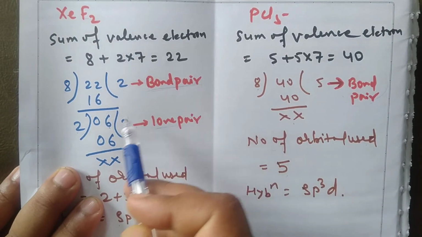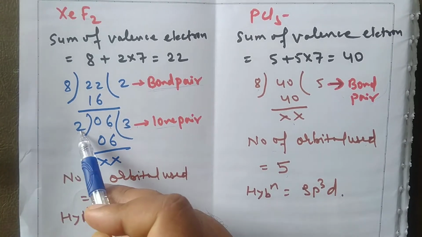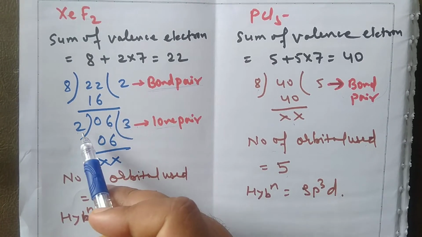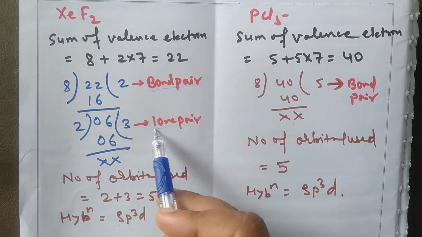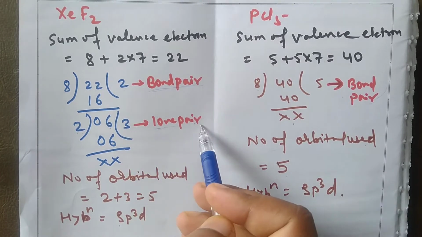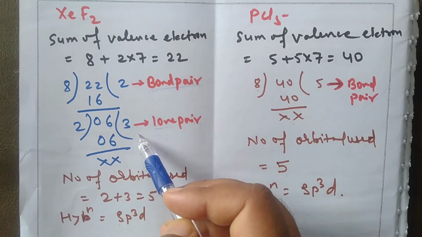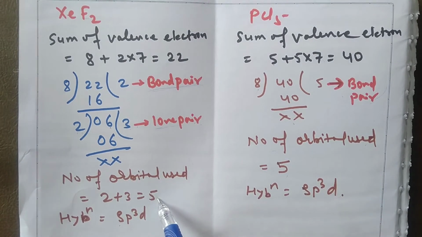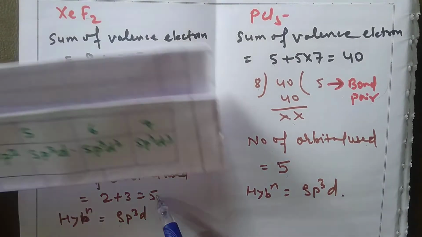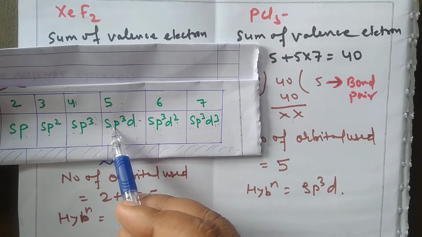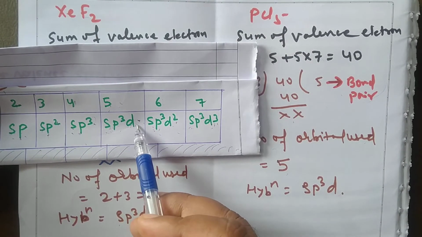So 2 bond pairs, and the remainder is 6. You have to divide 6 by 2 to get the lone pair. 2 threes are 6. So 3 lone pairs. Now the total number of orbitals used is 2 plus 3 equals 5. Again you got the value 5. You can see for the value of 5, sp3d hybridization.